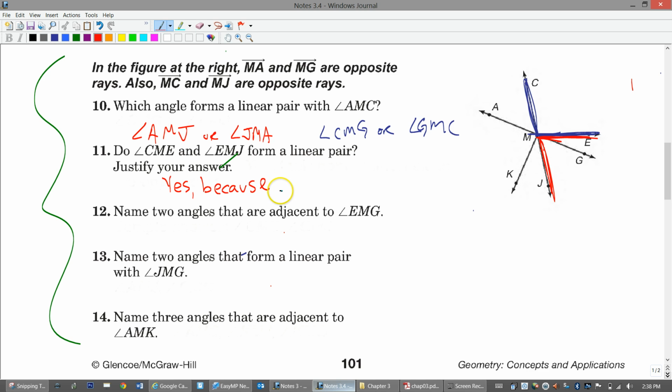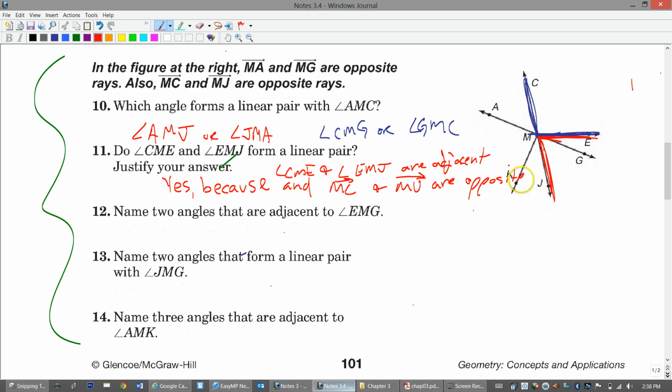Because why fills in the blank. Because angle CME and angle EMJ are adjacent. And technically, the second part, we'll get more specific later on: ray MC and ray MJ are opposite rays. We don't need to be super specific yet, but we'll get super specific later. We'll revisit this stuff.